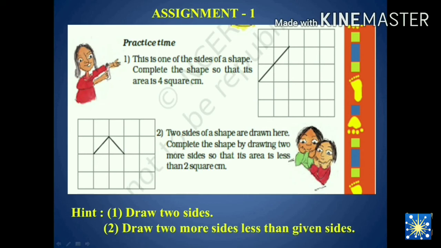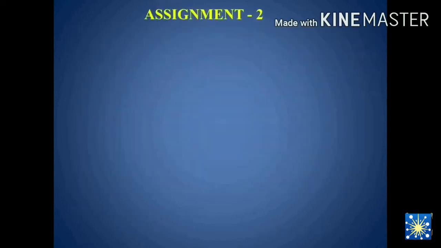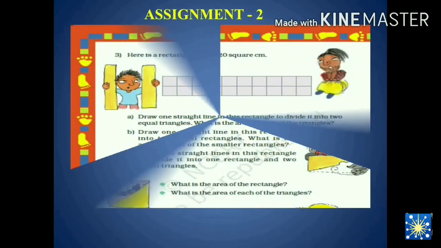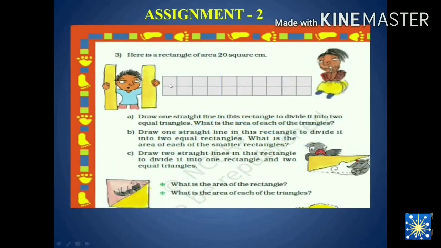Next question is, here is a rectangle of area 20 square centimeter. So here a rectangle is given which has 20 squares. First part is draw one straight line in this rectangle to divide it into two equal triangles.